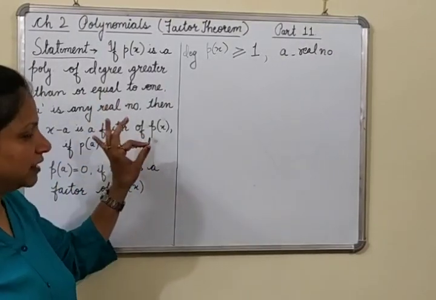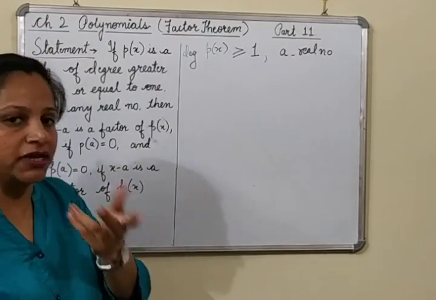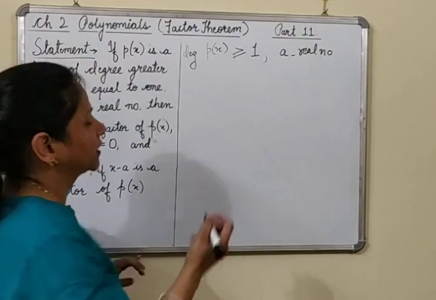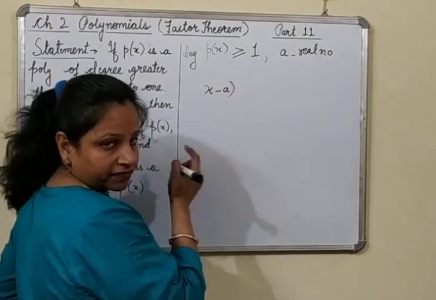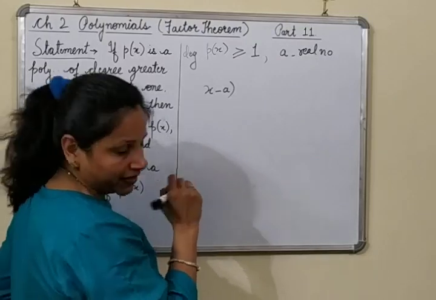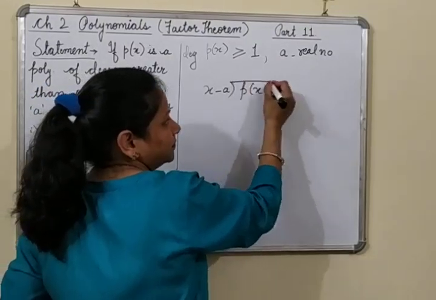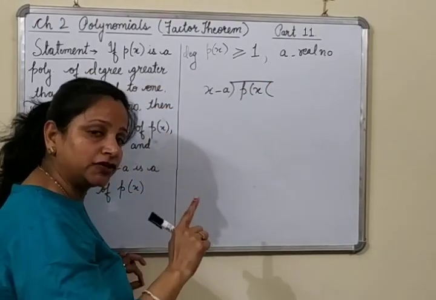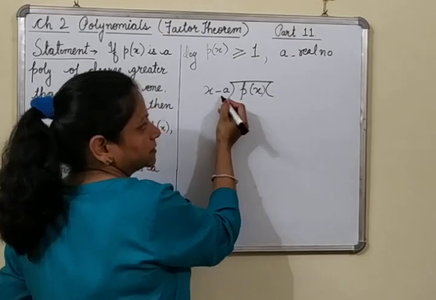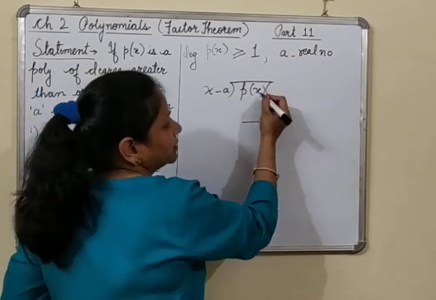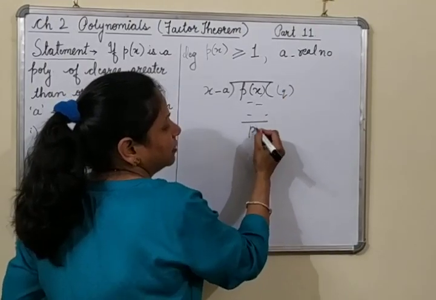Now it is a little difficult to understand in these terms, right? Let's make it easier. It's very simple. Same way, suppose I have a linear polynomial x minus a, as I took for the remainder theorem, and there is any polynomial Px. Do you remember? The remainder theorem also we took like this. If I divide this Px by x minus a, there will be certain steps, there will be a certain quotient, and then there will be a remainder.